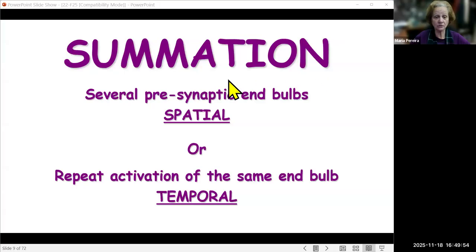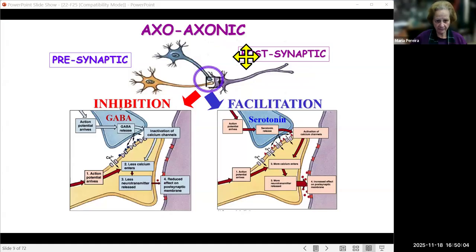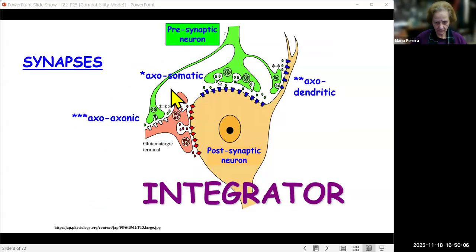That's a process known as summation. So you're adding up the effect of all these presynaptic neurons. The effect on the postsynaptic neuron is the result of the summation of each of the effects of each of these presynaptic neurons.